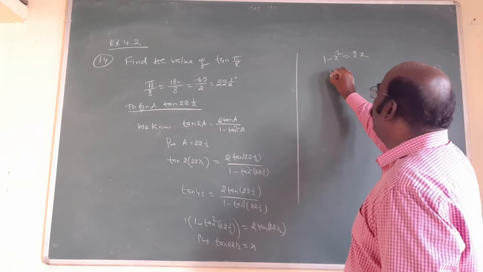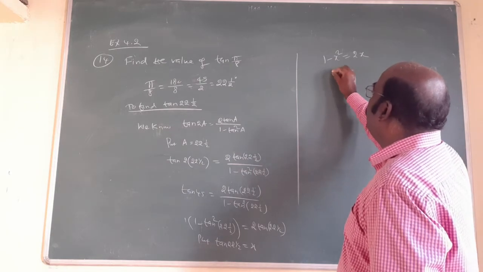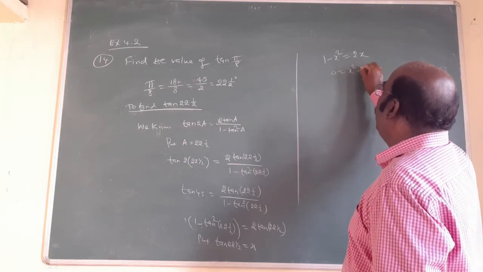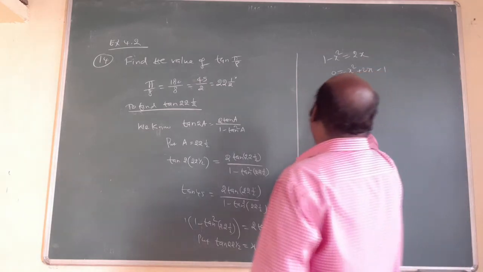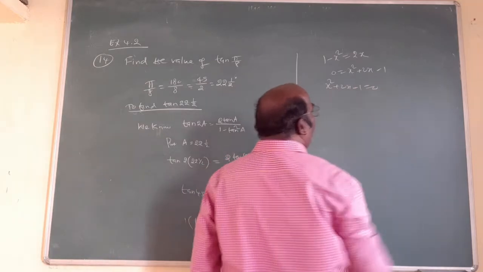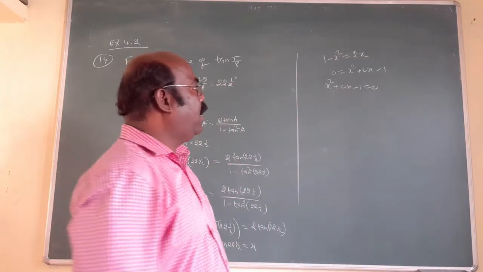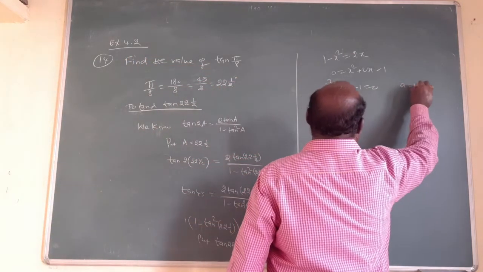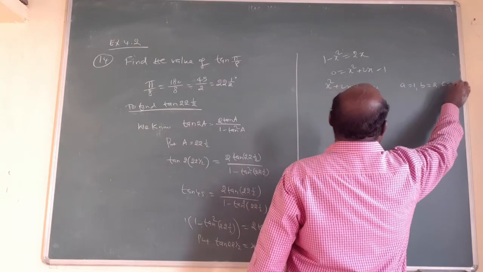Arrange the equation: 0 equals x square plus 2x minus 1. Am I right? So x square plus 2x minus 1 equals 0. Now factorization is not possible. That's why a equals 1, b equals 2, c equals minus 1.